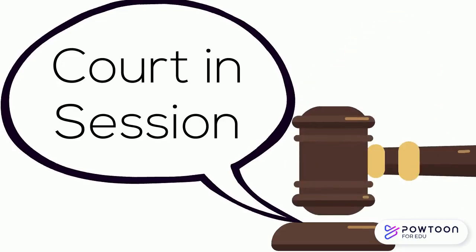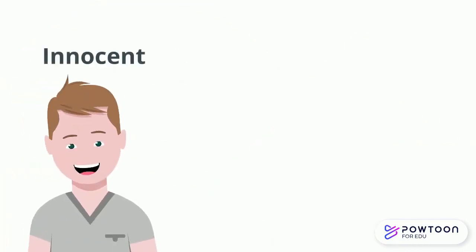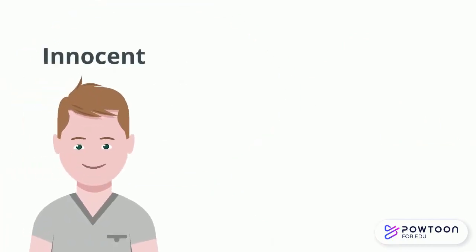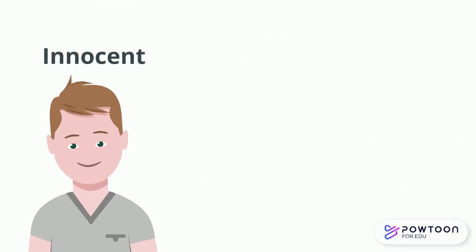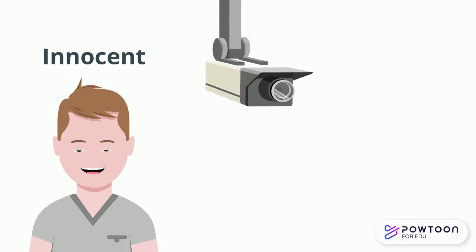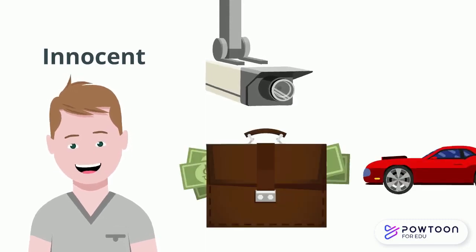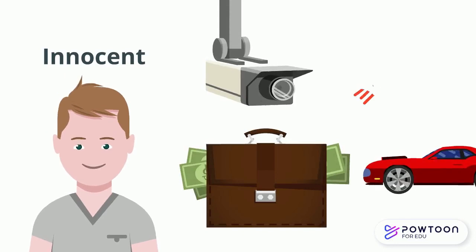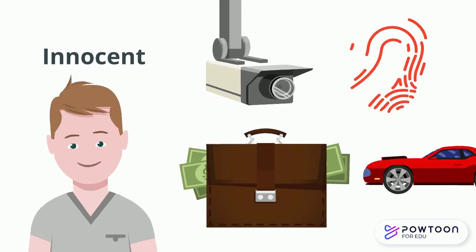In a normal court case, we would begin by presuming this bank robber's innocence before we then heard evidence or data. We might watch CCTV footage of a very similar man running out of the bank. We might even find the getaway car and some of the money with the fingerprints of the suspect all over them.